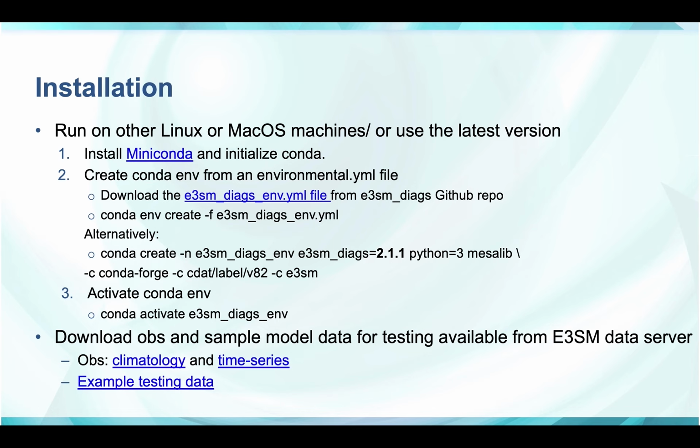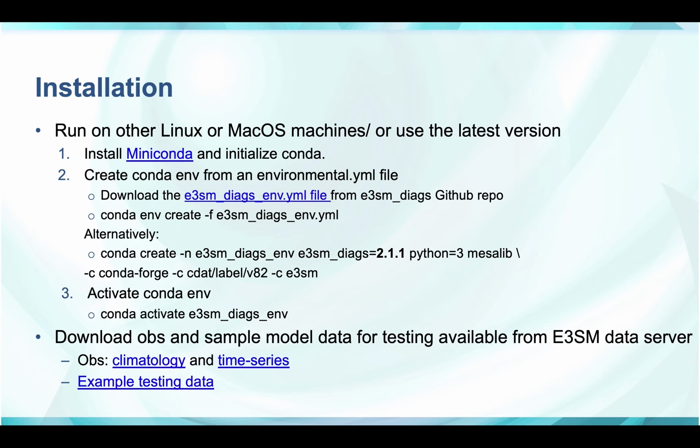There are two ways to create the E3SM Diagnostics environment. Firstly is to create the environment through an environment YAML file. In the YAML file, all the versions of each dependency are pinned down. This way, the installation process is faster because Conda doesn't need to decide which version to pick up.